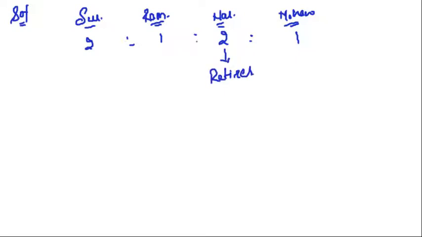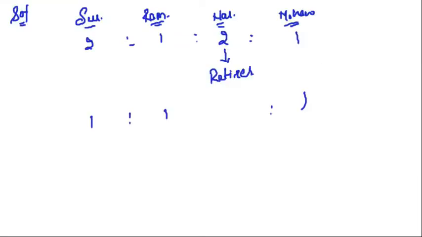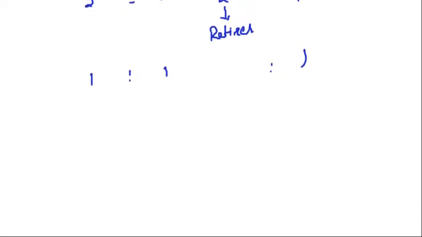What is the new profit sharing ratio? 1:1:1. This is given. Surinder, Ramesh and Mohan decided to share future profits equally. So we can calculate the gaining ratio, because we need gaining ratio for goodwill, because the remaining partners will compensate the retiring partner in gaining ratio.